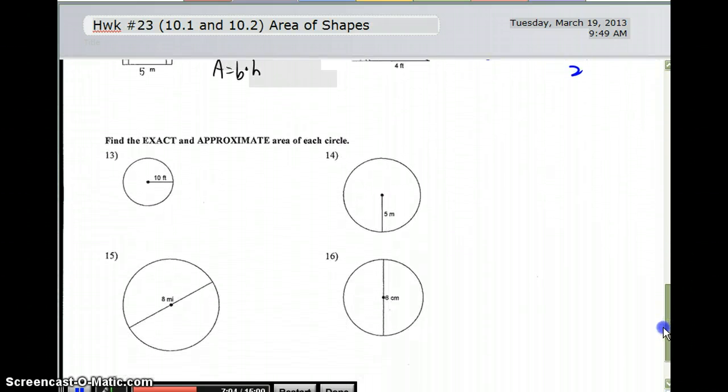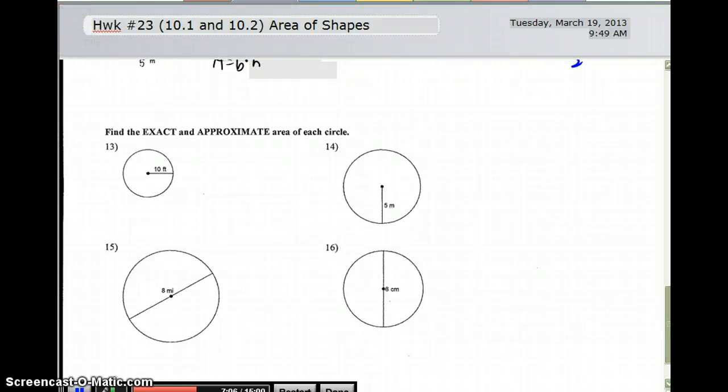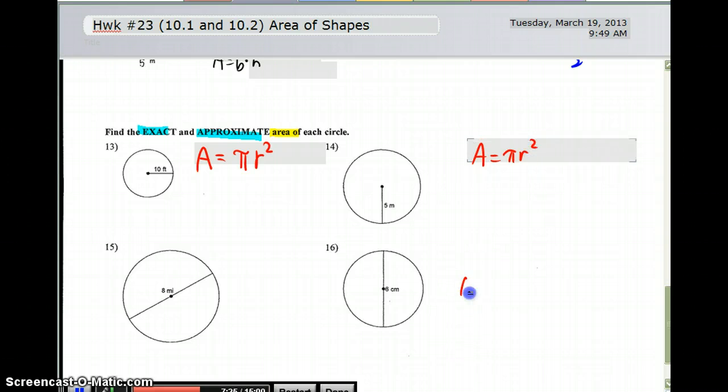Okay, and then number 13 through 16, the last question says that I have to find the area, and I need exact and approximate, and I know exactly how to do that as long as I use the area formula. So the area formula for a circle, yes, it involves pi, and then the radius squared, so I could write that 4 times for each of the questions.